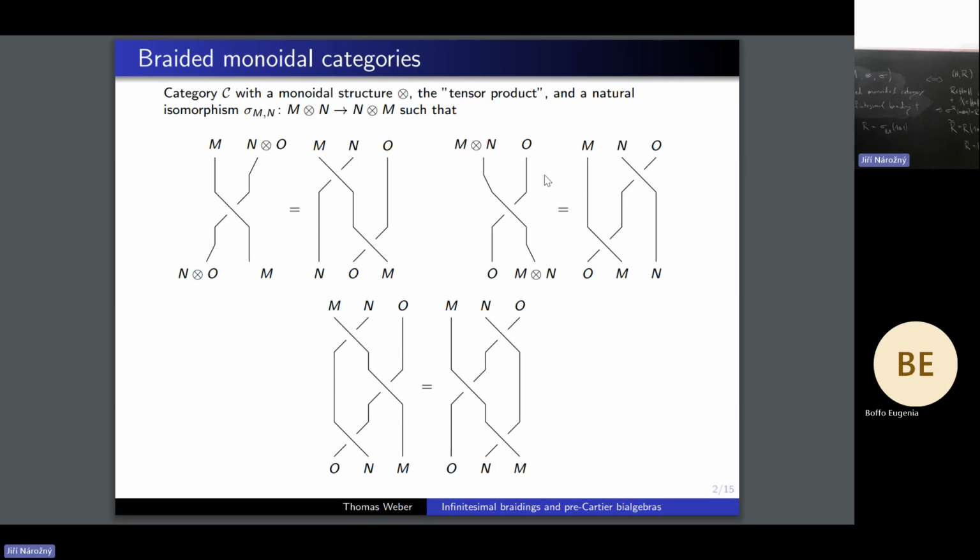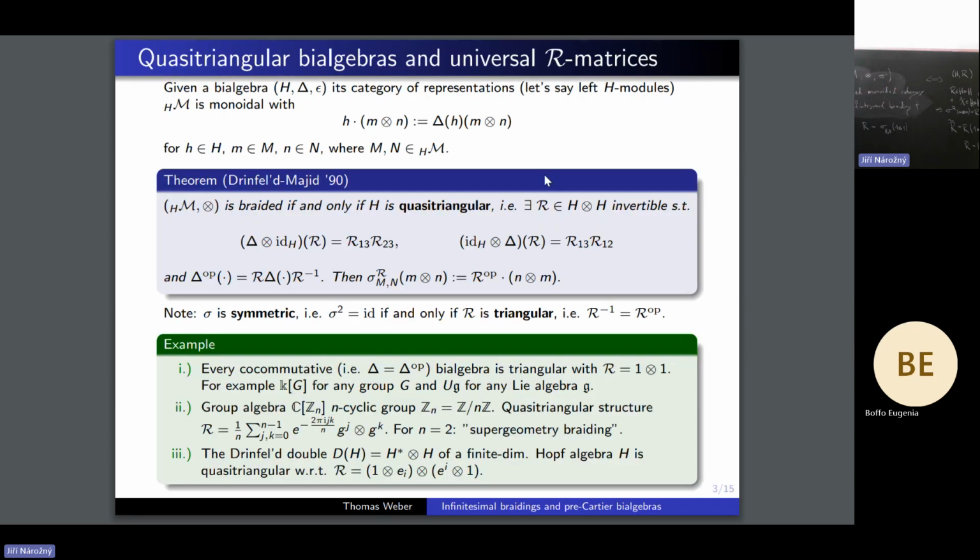If this is satisfied, you can show that the quantum Yang-Baxter, or braid relation, holds, which is written here. This just means that braiding first two, second two, first two is the same as braiding second two, first two, second two. Okay, next slide. Thank you.